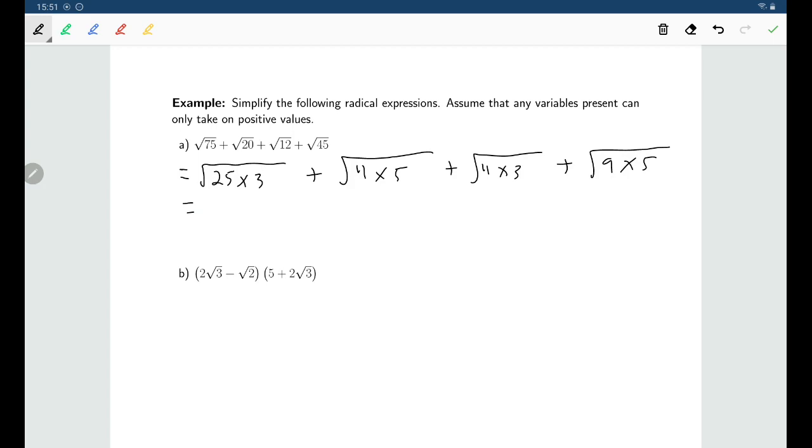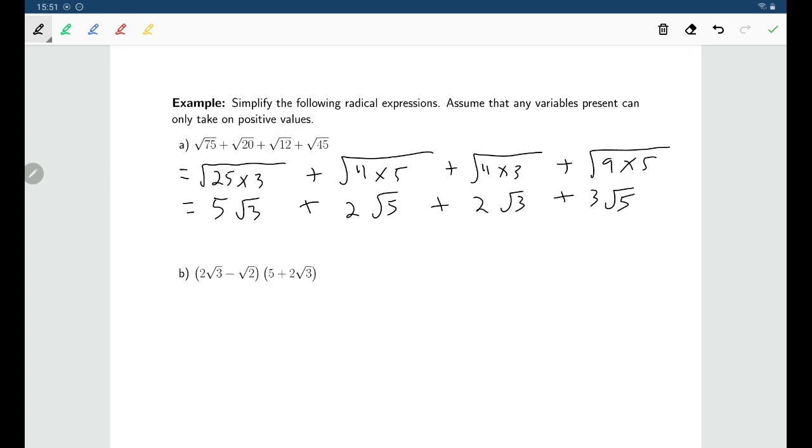And I could say, and I'm not going to do all the writing here, that root of 25 times 3 is root of 25 times root of 3, and root of 25 is 5. And same thing with the next term, and the next term after that, and the last term after that.